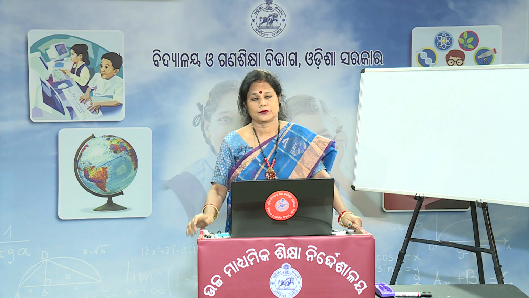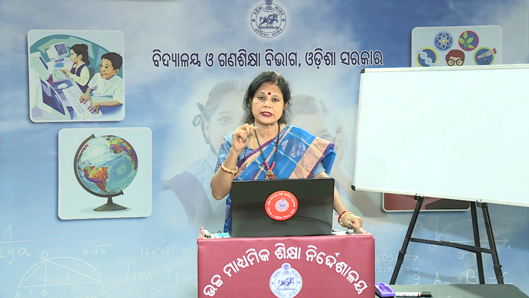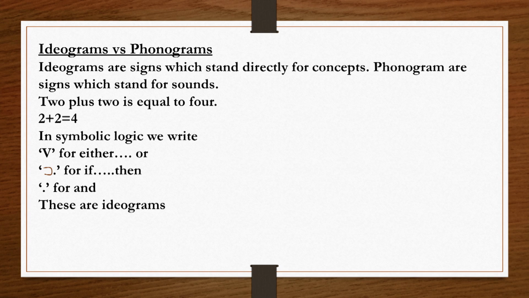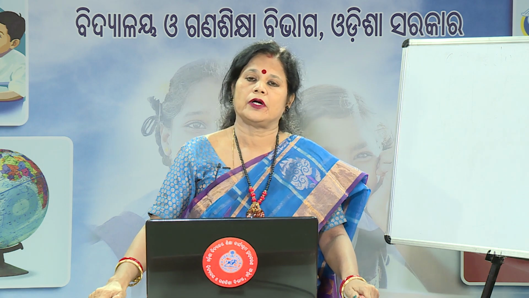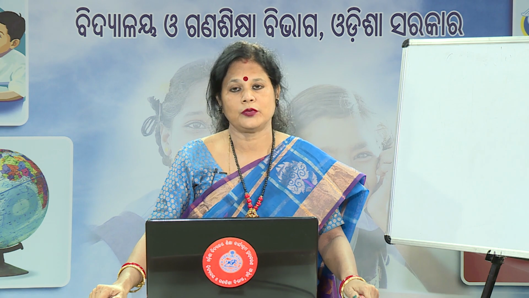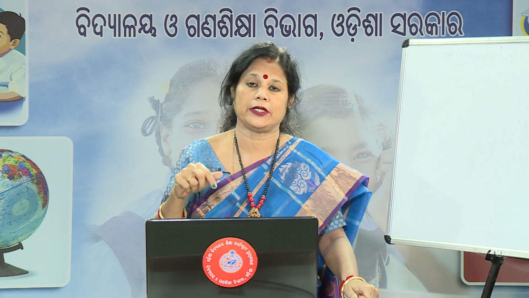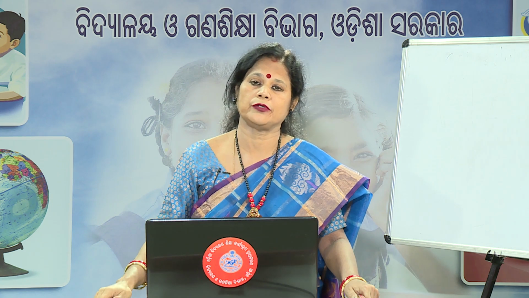For either or we use a V sign, and that sign is used for either-or. So that is your ideogram. For and we write a dot; the dot is an ideogram. Similarly for if then we use a horseshoe sign, and that horseshoe sign is the ideogram. Then for not both and we use a sign that is the reverse V, that is also an ideogram.